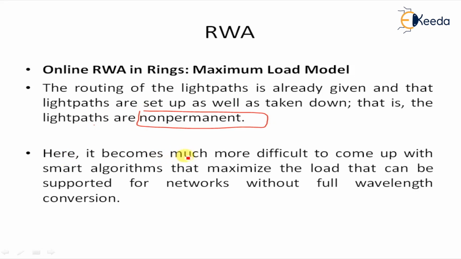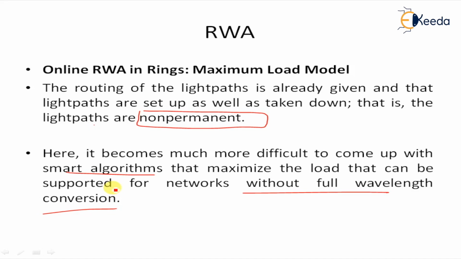So here it becomes much more difficult to come up with a smart algorithm that minimizes the load that can be supported for networks without full wavelength conversion. Clear? So it is assumed that the light paths are non-permanent and without wavelength conversion, and the algorithm should provide efficient wavelength assignment. For that, some considerations are given.